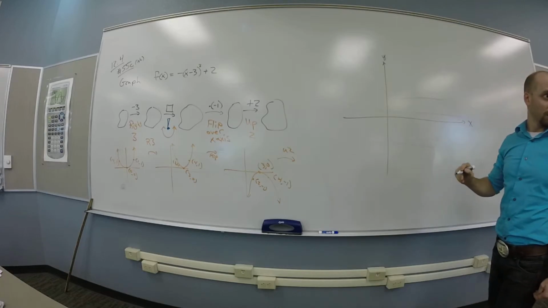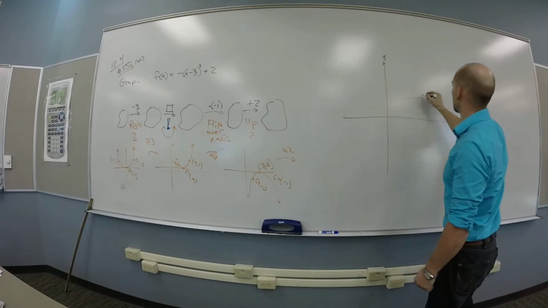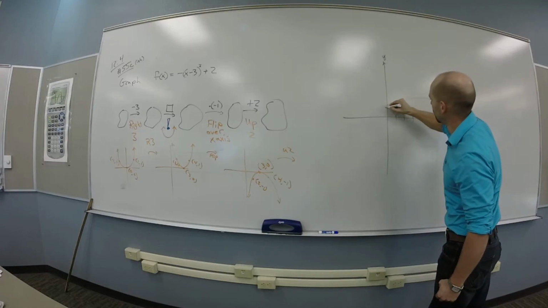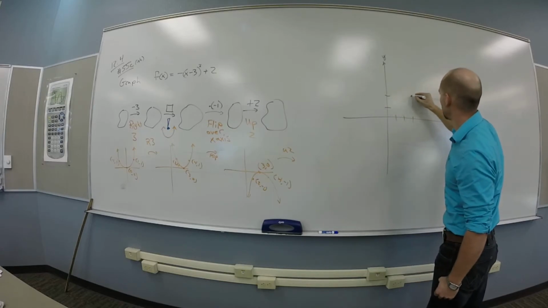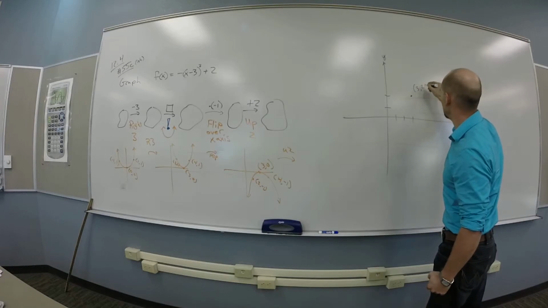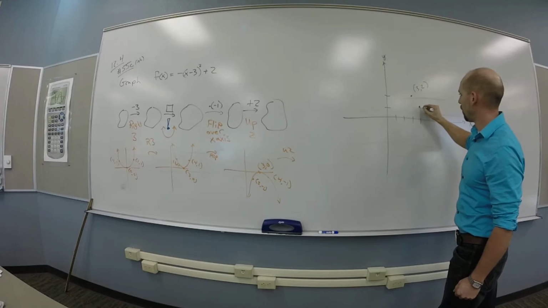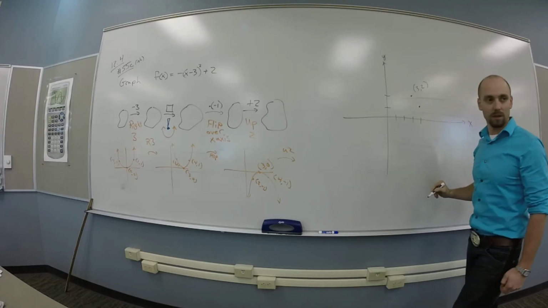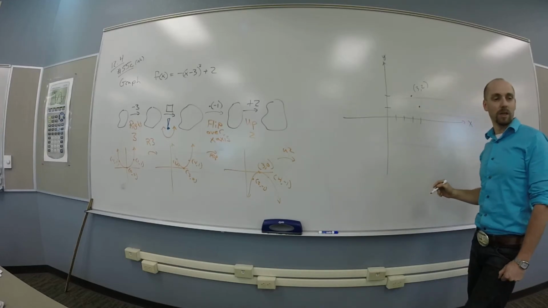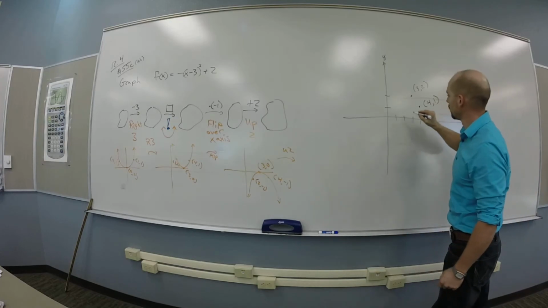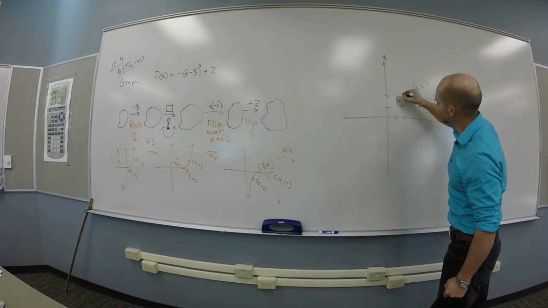Wait, what? 3 and 2 is the vertex. Okay. 1, 2, 3. 1, 2. 4 and 1. So 3, 2 is the vertex, and then 4, 1. How'd you get that? I took the y coordinate there, -1, and added 2. So I got 4, 1, and 2, 1.